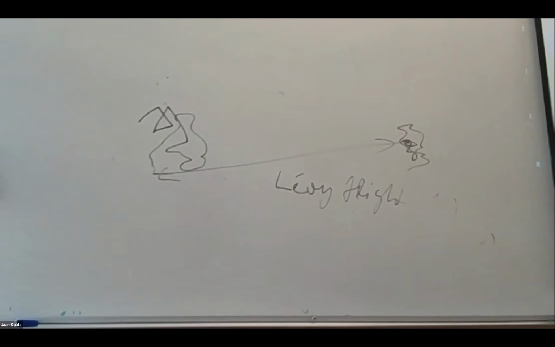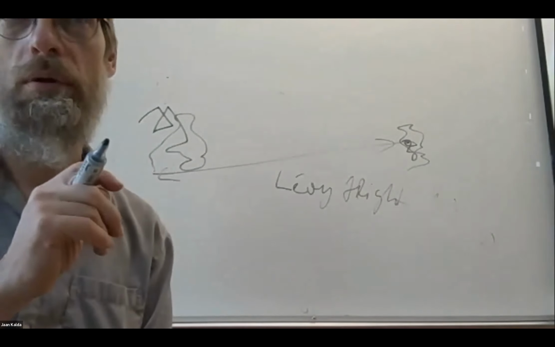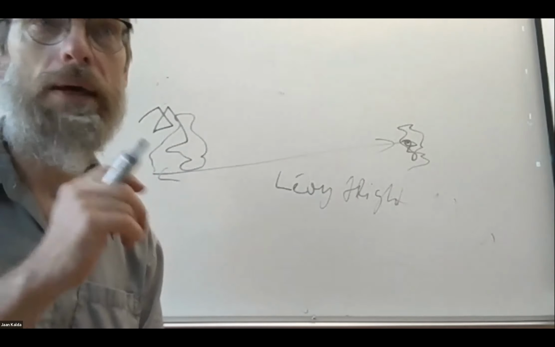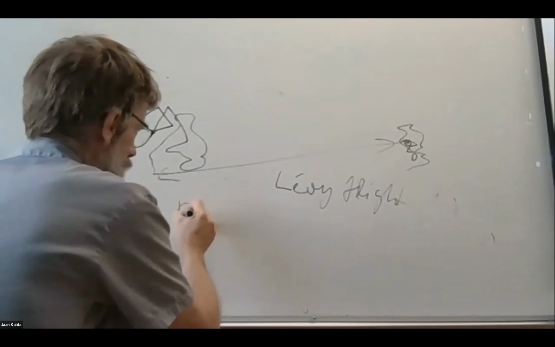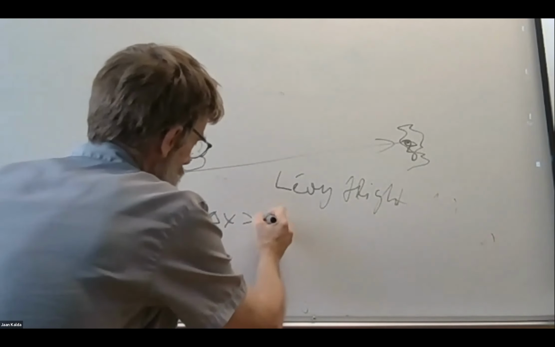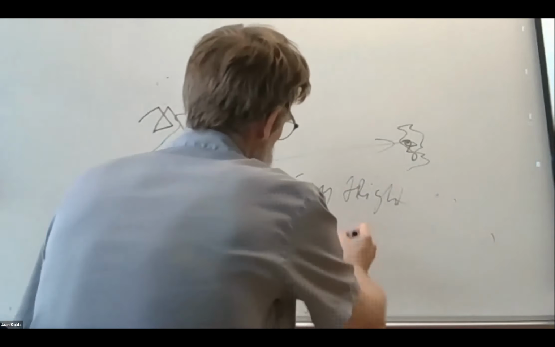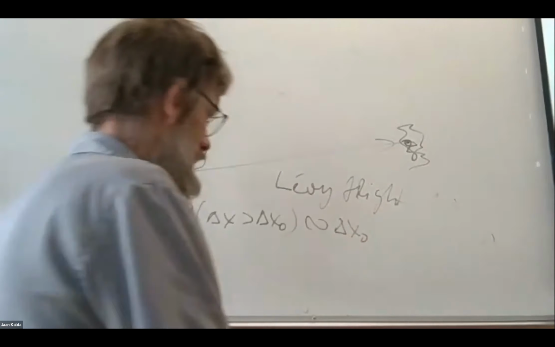A long jump. So what you have now is a power law distribution of the jump lengths. You remember what I wrote before, that the probability is a power law of waiting time. Now we have a power law for the jump length: the probability that the jump delta x is bigger than a certain delta x naught is proportional to delta x naught to the power minus alpha.